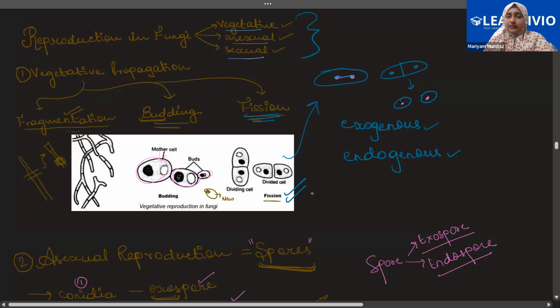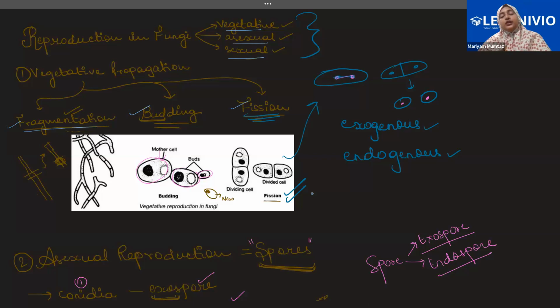So vegetative propagation or vegetative reproduction happens in three ways: fragmentation, budding, and fission. When we talk about fragmentation, this kind of vegetative reproduction is when you break the fungus body into fragments, each of those fragments will develop into a new fungus.